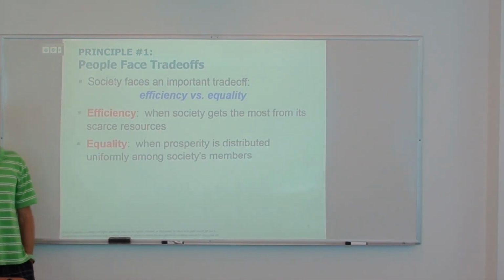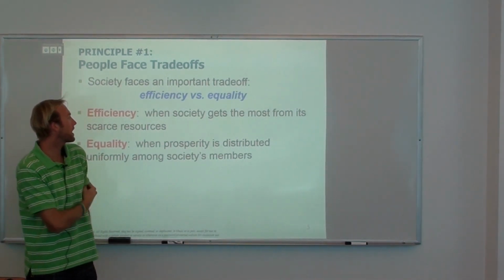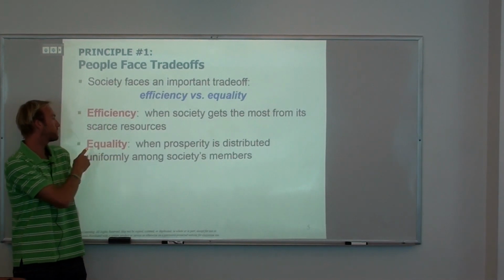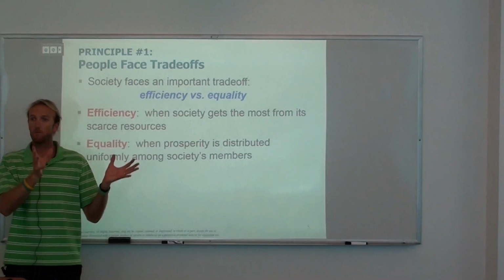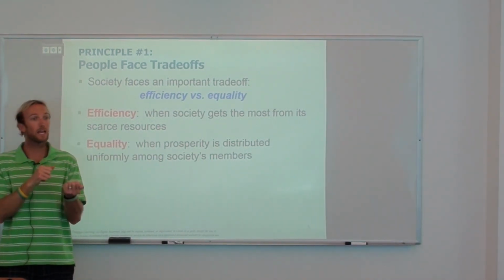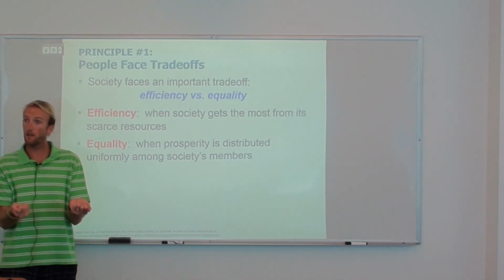However, it is quite well known that when we pursue equality by perhaps doing cash transfers from people with more prosperity to people with less prosperity, it tends to make everybody work less hard.